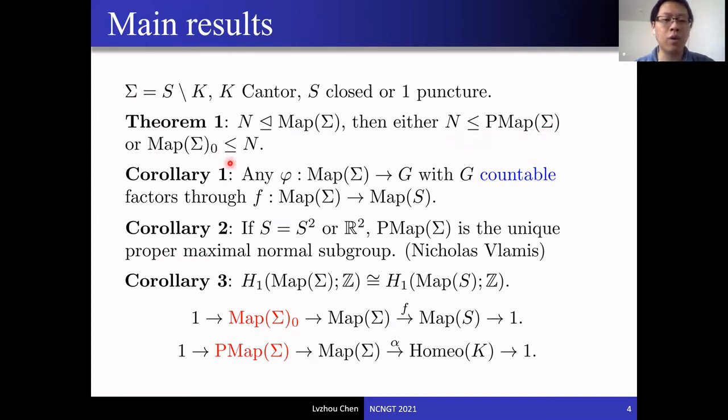Therefore, it must contain the kernel of the forgetful map. And then you can verify that the commutator subgroup of the big mapping class group under the forgetful map corresponds to the commutator subgroup of the ordinary mapping class group. So the quotients on the two sides agree with each other.